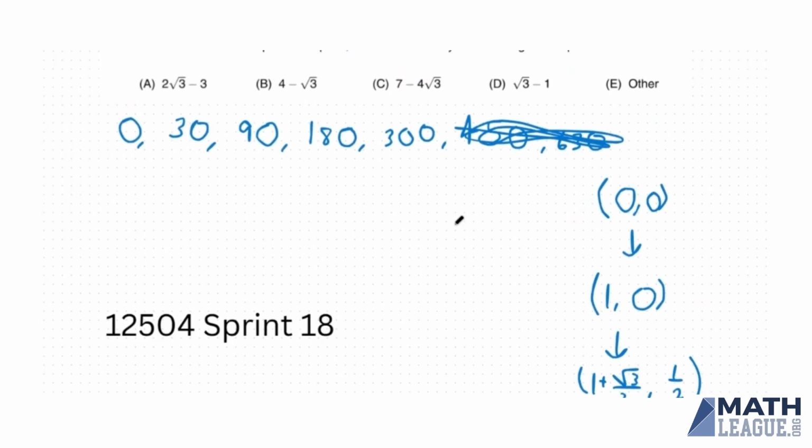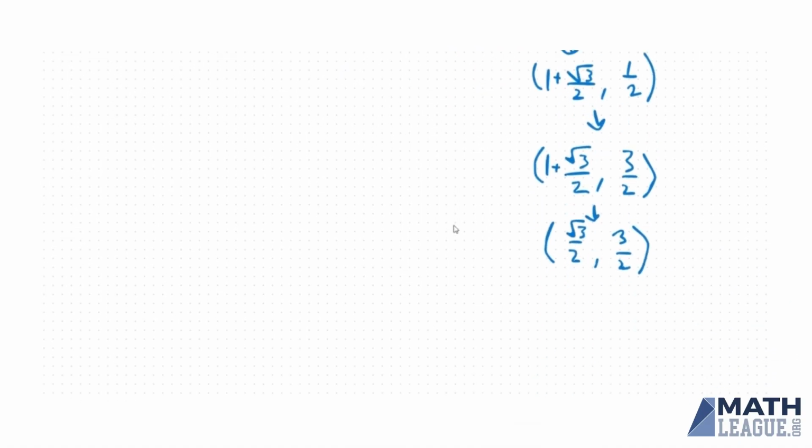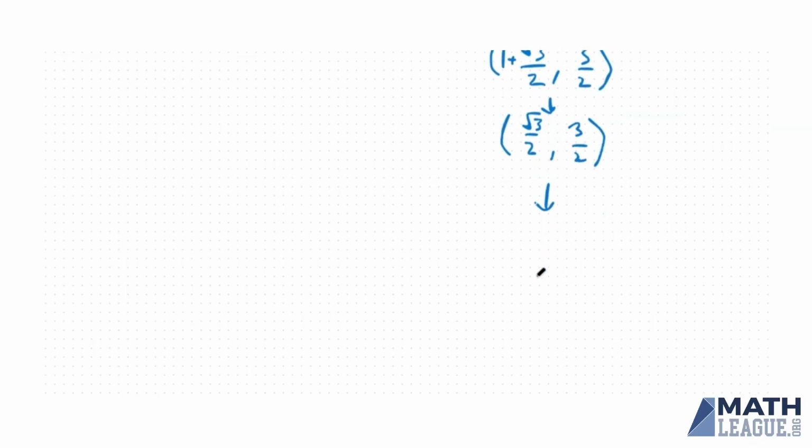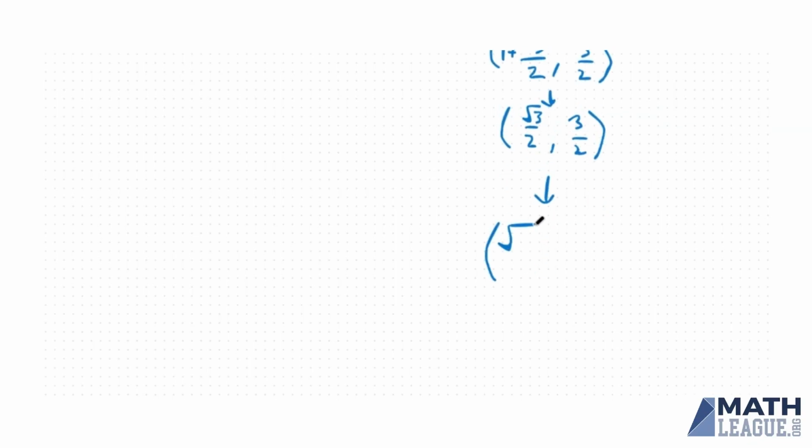And then finally, she turns 300 degrees or 60 degrees clockwise and ends up at the point root 3 plus 1 over 2, 3 minus root 3 over 2.